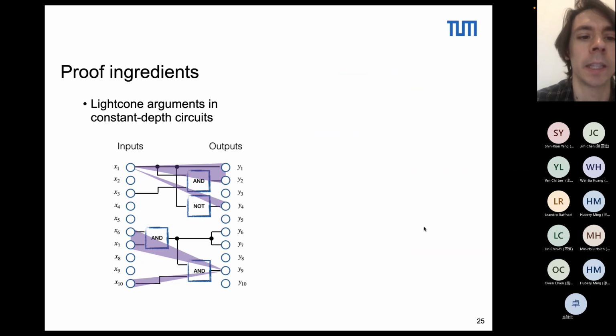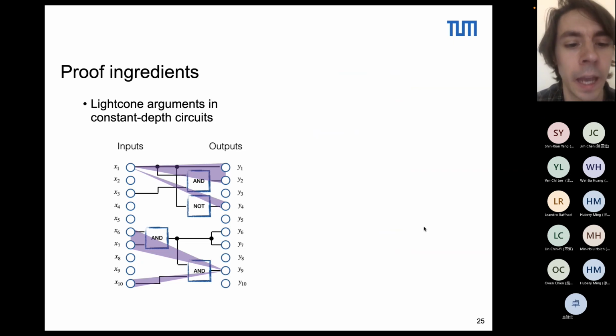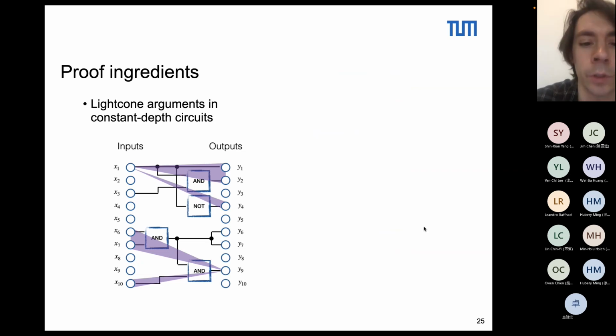For example, if the circuit has depth D, and we only have gates with two inputs, then the number of outputs affected is at most 2 to the D. So it's constant, which means that there are many outputs that are not affected by changing one input, and changing one input affects at most a constant number of outputs.